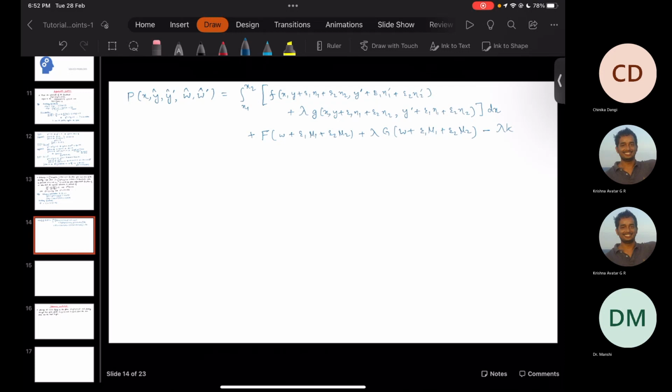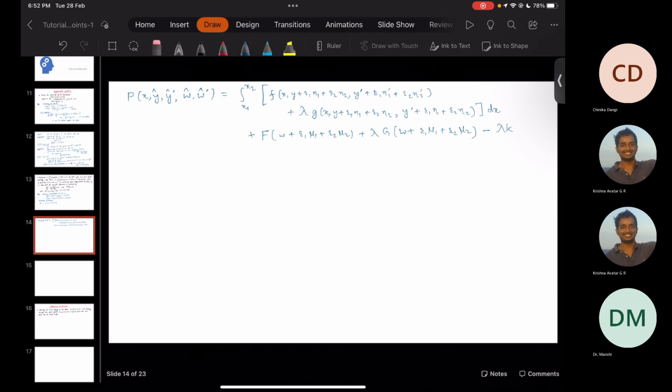So again, in this case here also we have lambda k is a constant. So we want to record this term, or as we'll see later that it automatically cancels out.